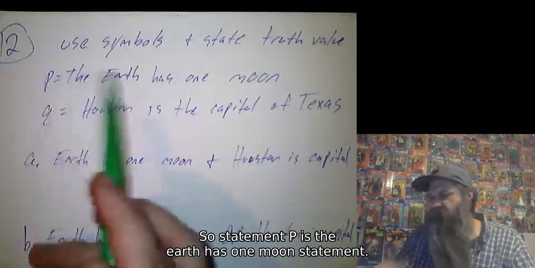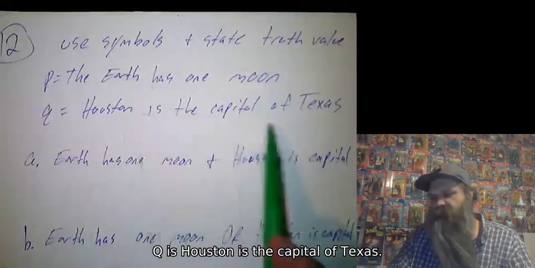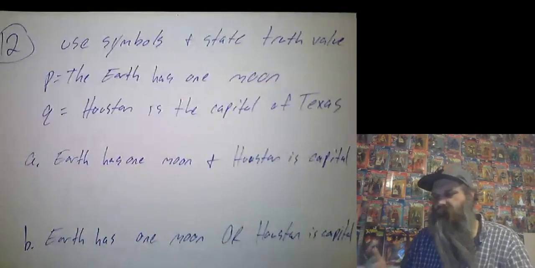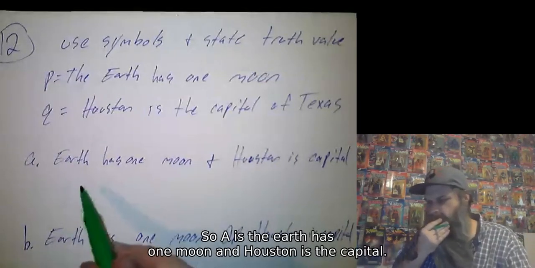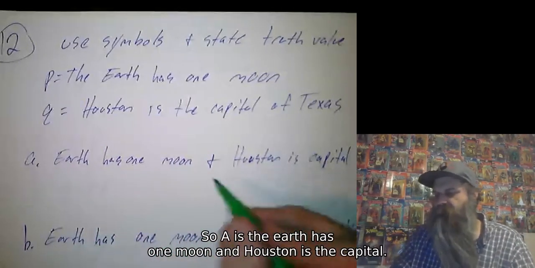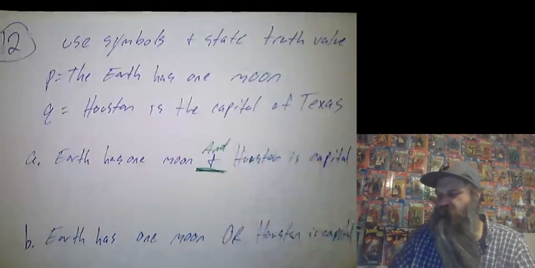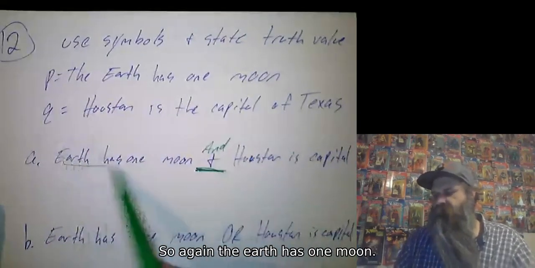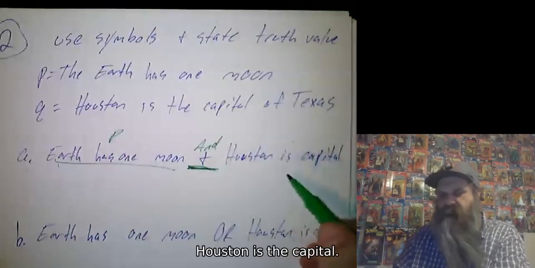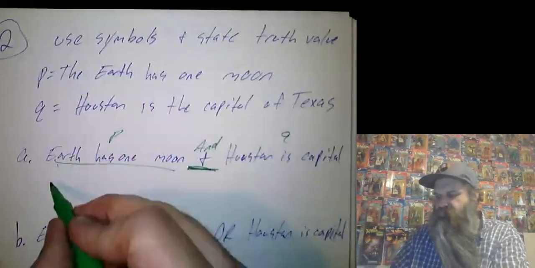So statement P is the Earth has one moon. Statement Q is Houston is the capital of Texas. So A is the Earth has one moon and Houston is the capital. Again, the Earth has one moon, that's our P statement. Houston is the capital, that's our Q statement.